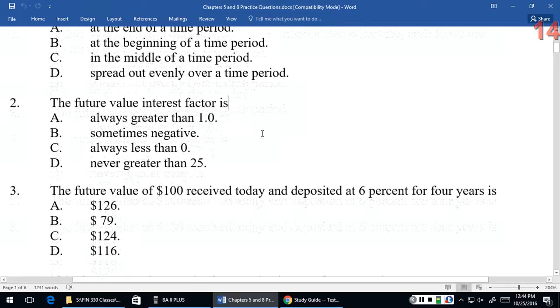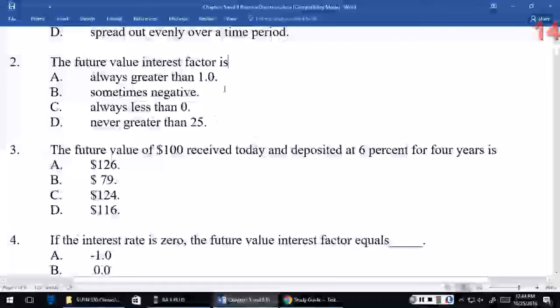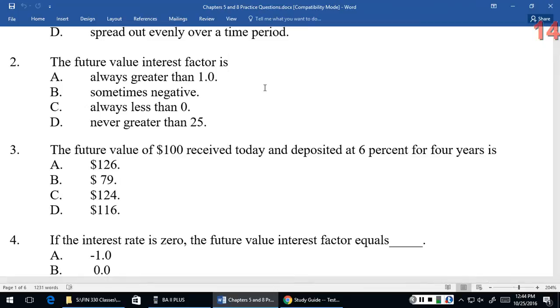Number 2, the future value interest factor is... Okay, now technically this question is not correct, although if you happen to see this exact question again, the correct answer is A. To be technically correct, it should say the future value interest factor is always greater than 1.0 if the interest rate is positive.